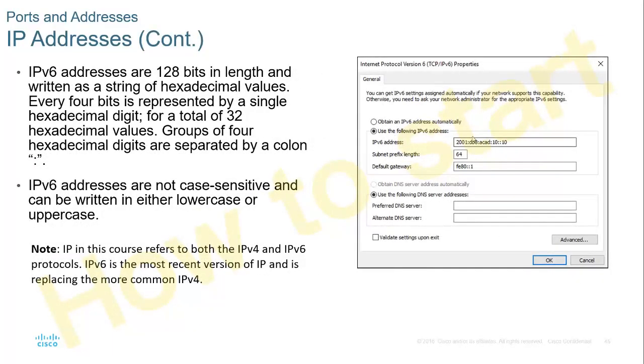If we're talking IPv6, we again would be given the IPv6 address and the default gateway and our prefix, and we would use those pieces of information. Again, IPv4 and IPv6 are discussed in a later module. So here we're just talking our logical addressing for communication.